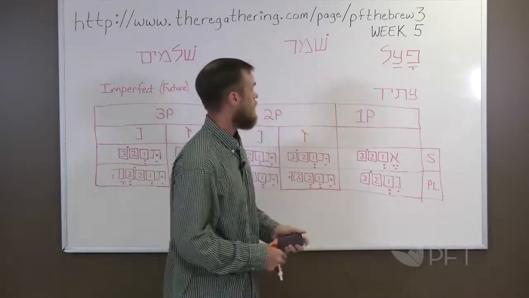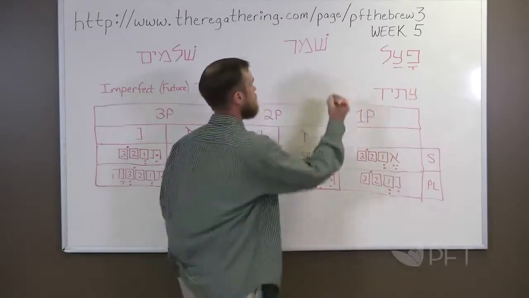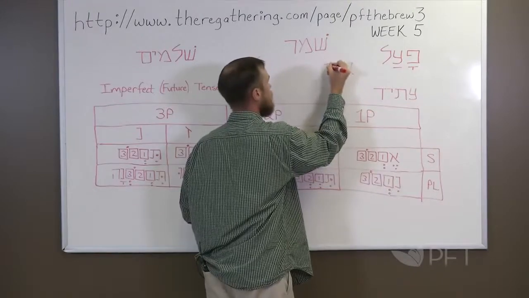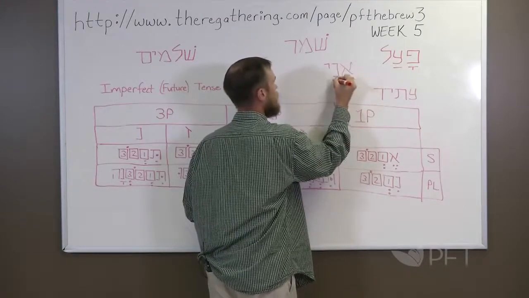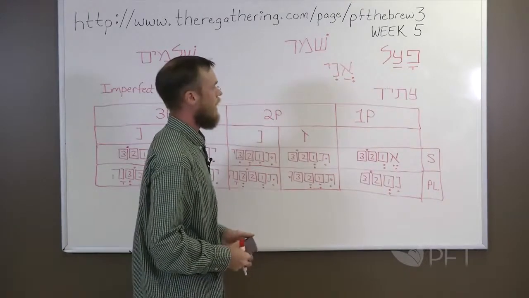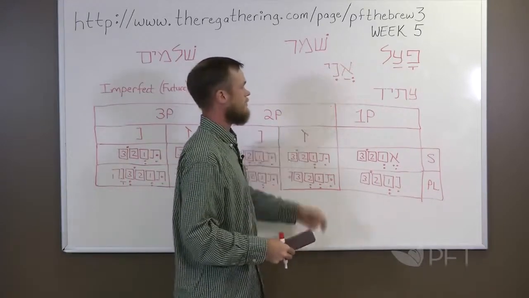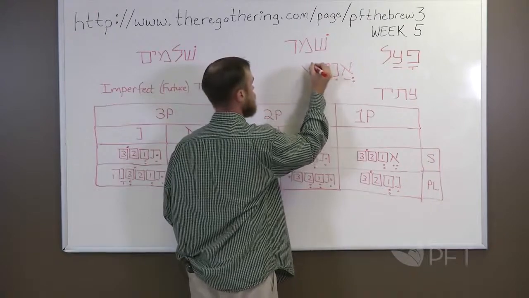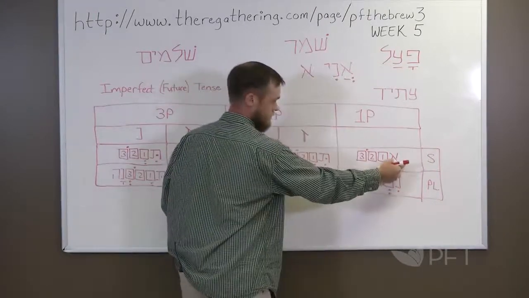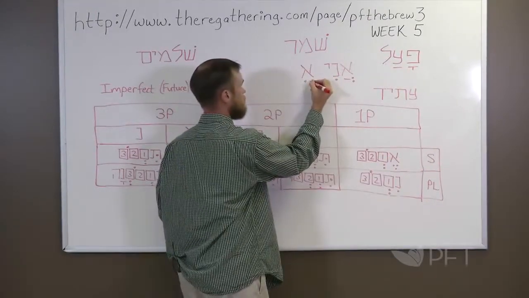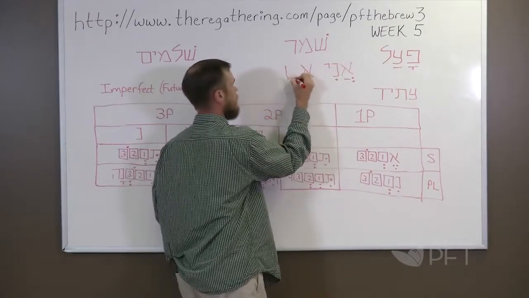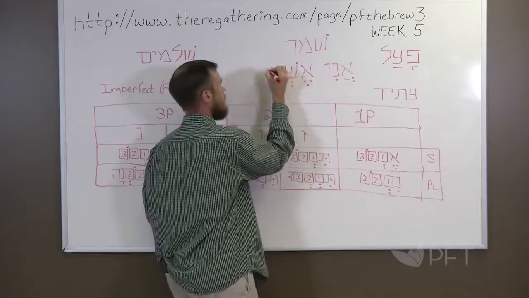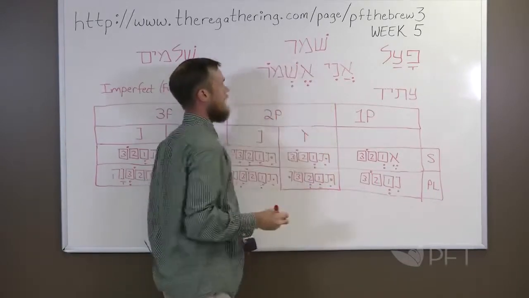So ani, I will guard, would be ani, and apply the first person singular conjugation. So we use our aleph prefix as indicated on the chart. Ani eshmor.